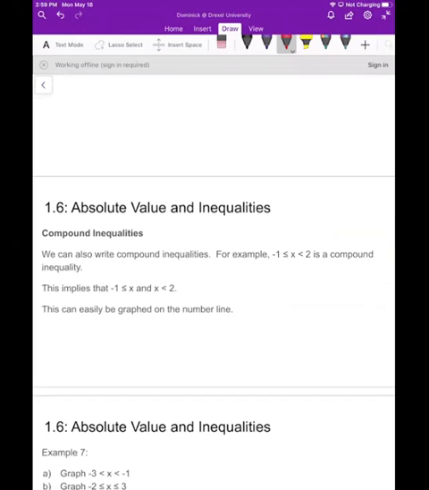All right. Now, of course, we can talk about compound inequalities, which just means that we have more than one inequality that we consider at the same time, right? So if you look at an example like this, we have -1 less than or equal to x, which is less than 2, right? So this implies that you have two things going on. This means that -1 is less than or equal to x, right? That's just this part here.